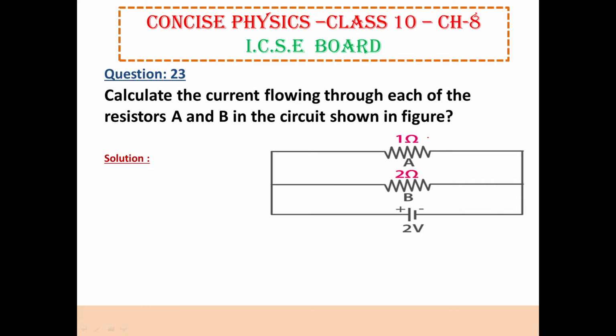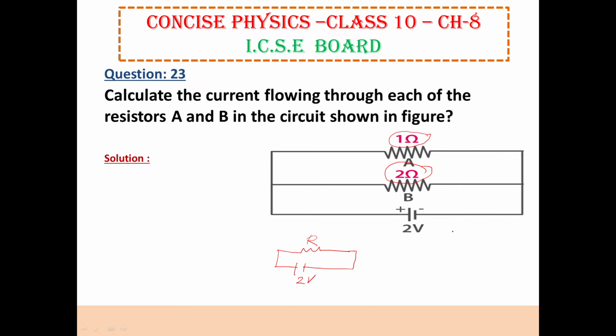From the circuit it is clear that 1 ohm resistance and 2 ohm resistance are connected in parallel. So if we simplify this with equivalent resistance, then we are getting the circuit like this. This is 2 volt and this is equivalent resistance.